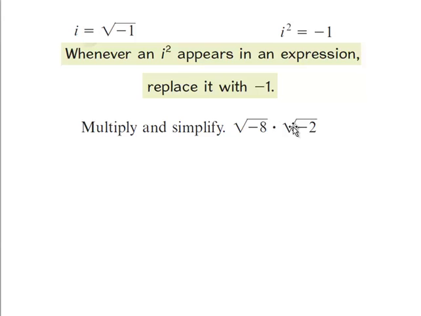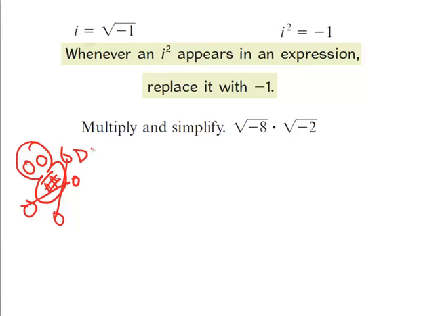is a simple multiplication problem, and I want you to remember that there is a giant danger zone here. That's supposed to be a skull and crossbones. Danger. Because I know, even I would like to do this: negative 8 times negative 2.